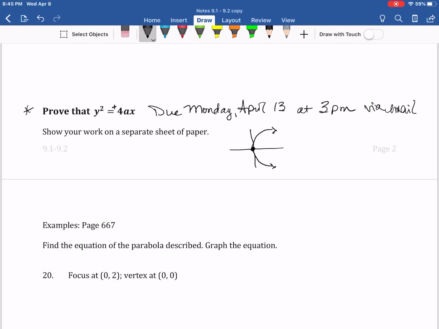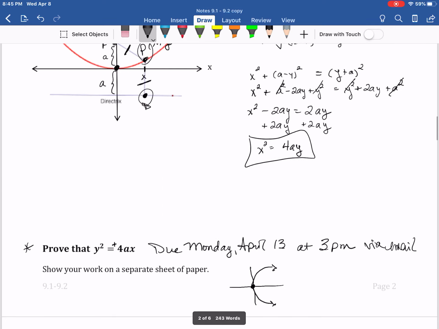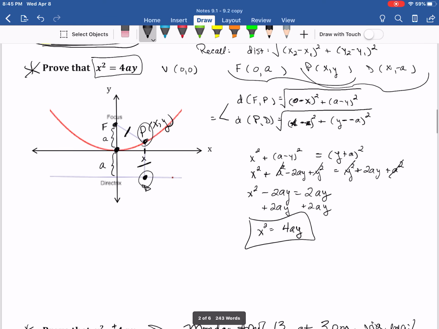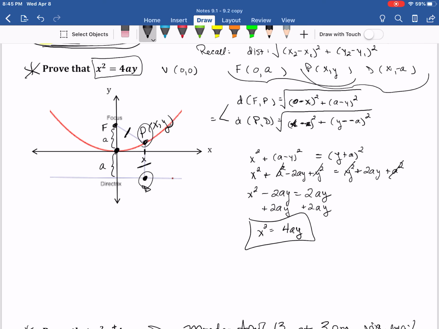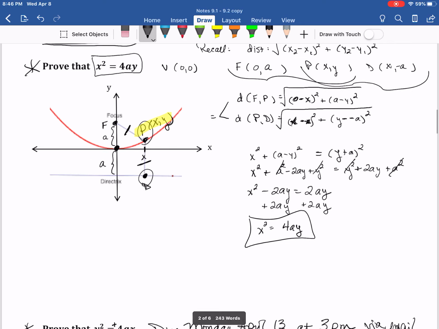I'm going to let you see if you can work it out. You're going to base your proof on what we've done when we proved that the equation of the parabola that opens up was x squared equals 4ay. So it's a very similar proof. Label your ordered pairs for F, P, and D. Once again, you can still use x, y for your point P. And then don't forget what A stands for.